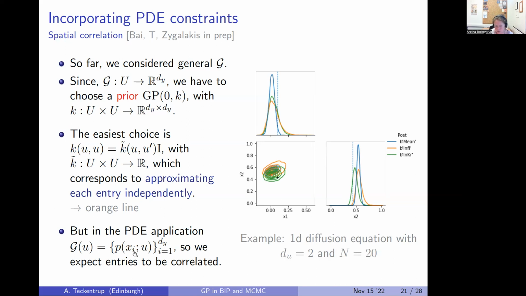So different components of G would correspond to P at xi and P at xj. Because it is the same continuous function P evaluated at two points, you would expect those to be correlated. And particularly if xi and xj are very close together, you would expect P of xi and P of xj to be very highly correlated.